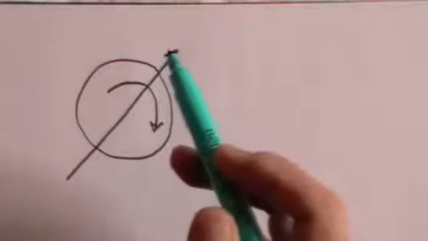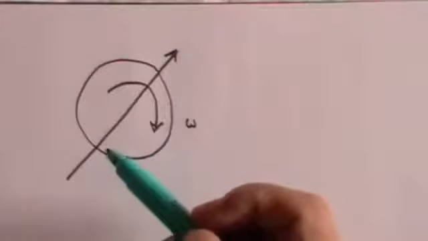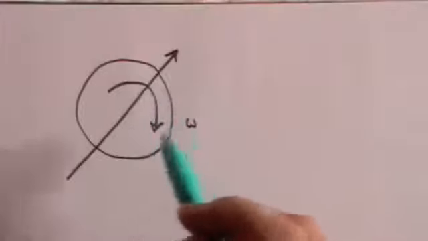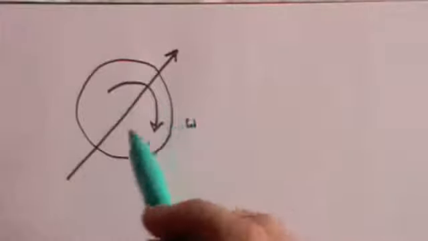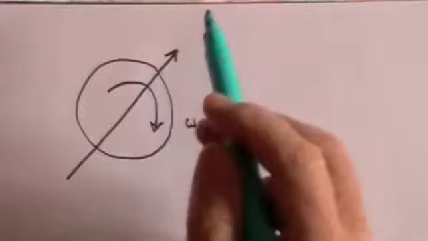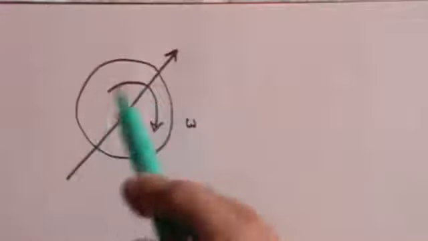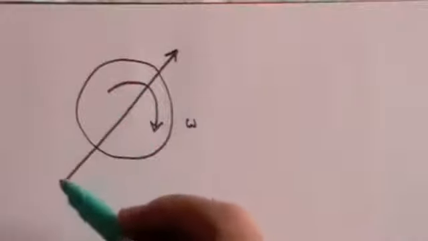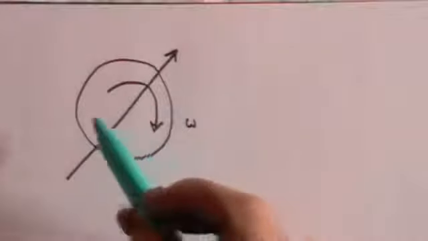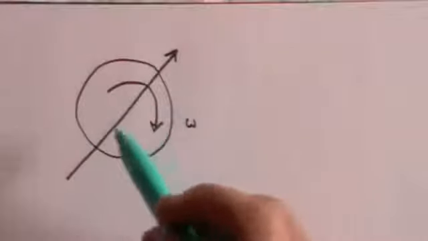The direction is given by the corkscrew rule. If the ball is spinning clockwise, then rather like a corkscrew, the arrow goes in. If it's spinning anti-clockwise, then the arrow would be in this direction. So that's an object which spins on its own axis. It has angular momentum. We sometimes call that spin.